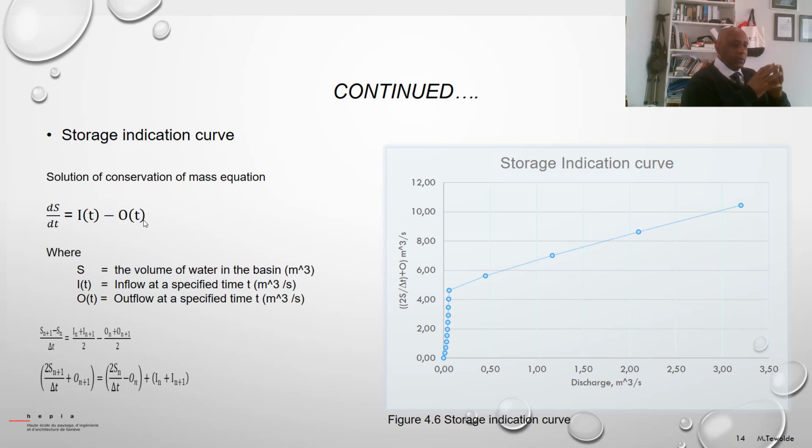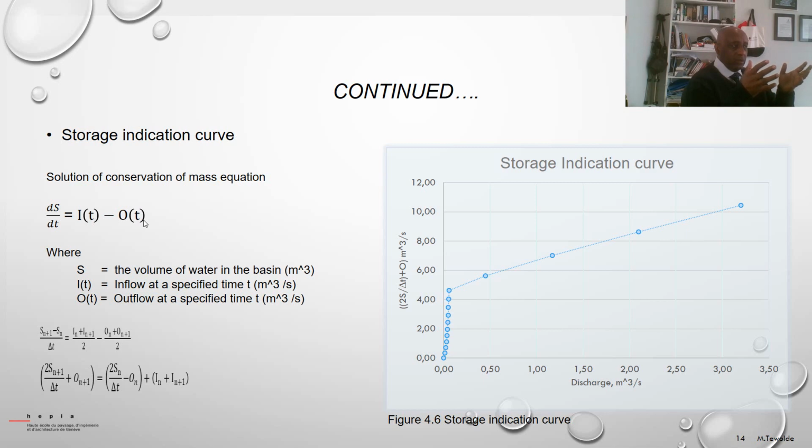It means any water that is coming in will either go out or be stored in the storage. So when inflow is equal to outflow, then the storage is 0. Everything goes in, goes out. So that is how we simply calculate the storage in a reservoir.